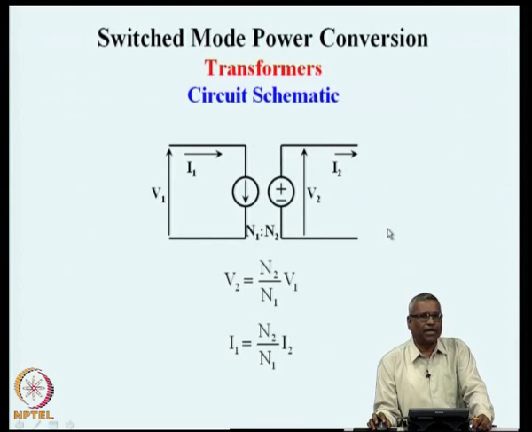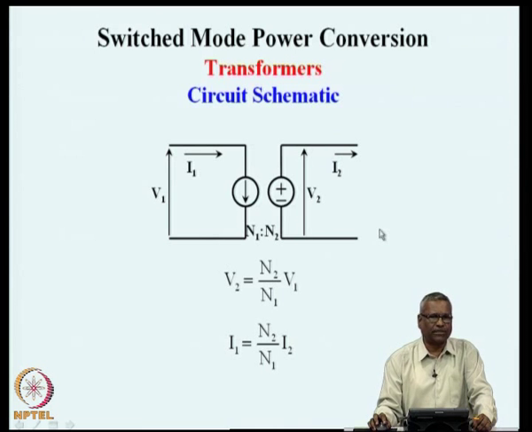The circuit schematic of a transformer in many situations will be represented in this form. So, this has a dependent current source and a dependent voltage source, and the turns ratio being N1 by N2, we can indicate that V2 is a voltage source which is dependent on V1 by the conversion ratio N2 by N1, or V2 is N2 by N1 times V1.